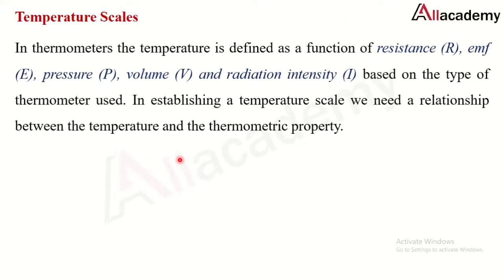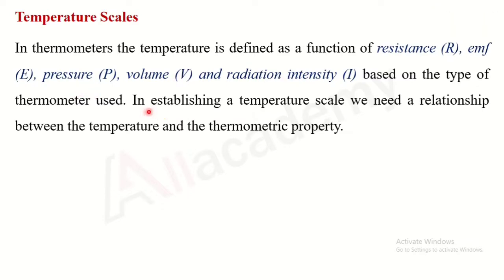So let us know what a temperature scale is. In a thermometer, the temperature is defined as a function of resistance, EMF, pressure, volume, and radiation intensity. These are nothing but the properties of a material, the thermometric properties, based on the type of thermometer used.